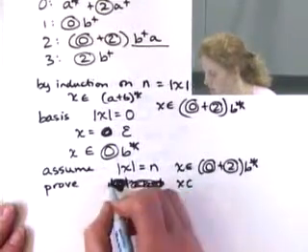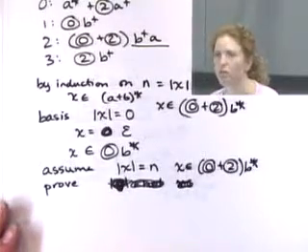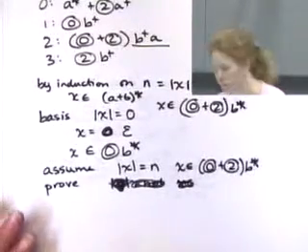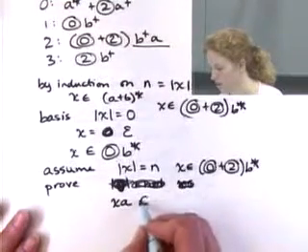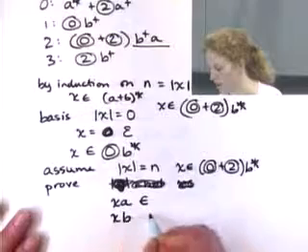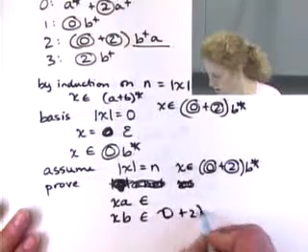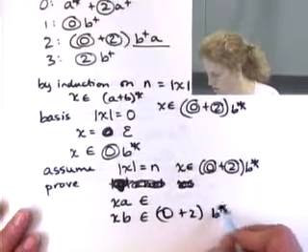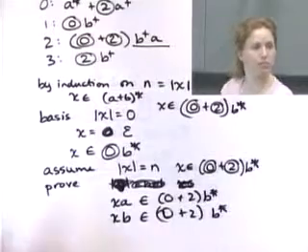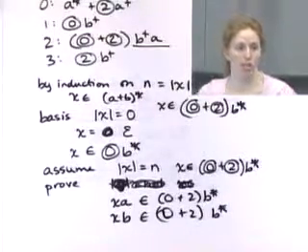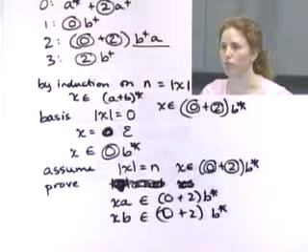We need to add a character, right? Because it can't be x if we increase the length by 1. So we want to prove that XA and XB are both in it, because those are the only other letters I can add to it, either A or B. And that's the only way to make it longer by 1 letter.